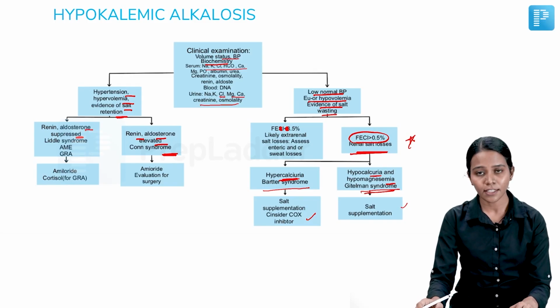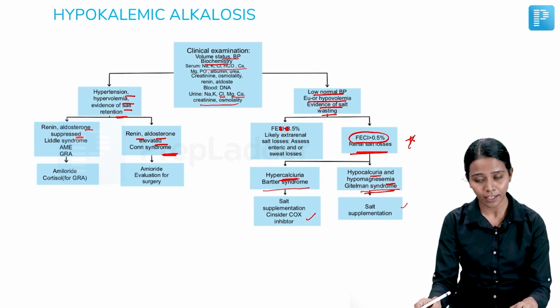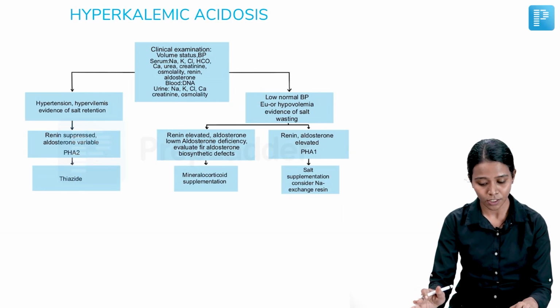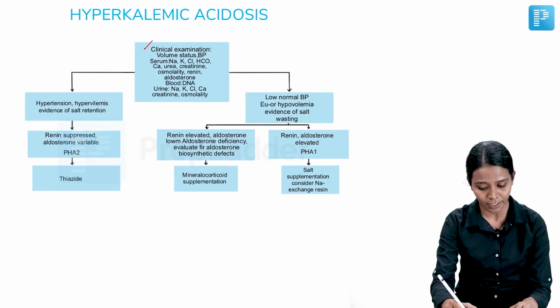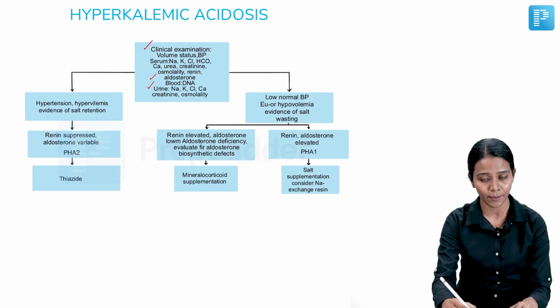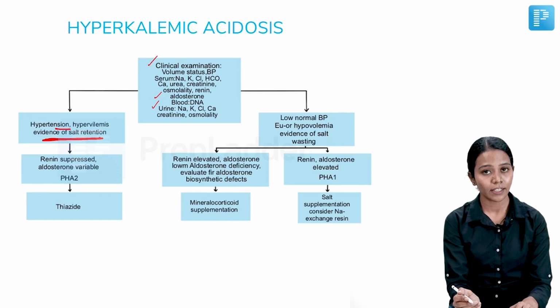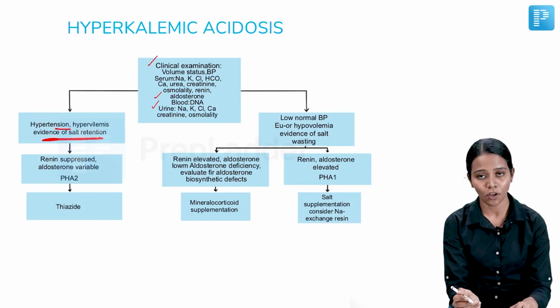Okay. So, that is if the patient presents with hypokalemic alkalosis. What if the patient presents with hyperkalemic acidosis? The initial examination, clinical, blood and urine will be the same. If the patient has hypertension and there is evidence of salt retention, so what does this mean? That there is activation of the aldosterone axis, right?